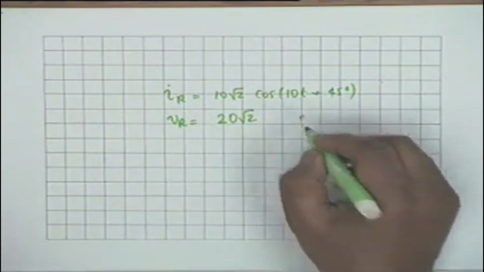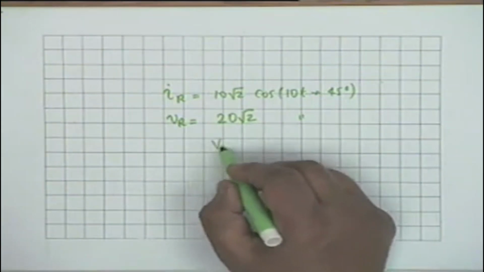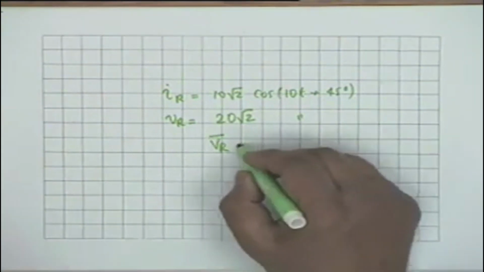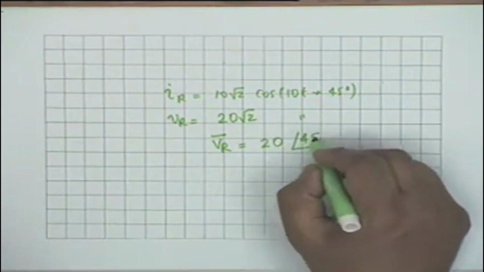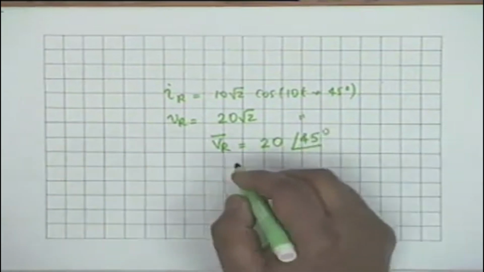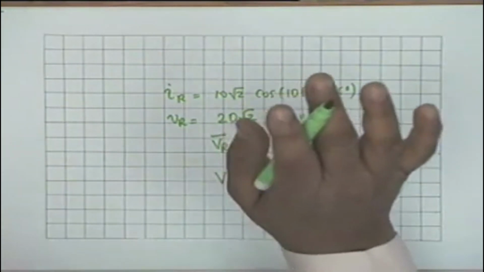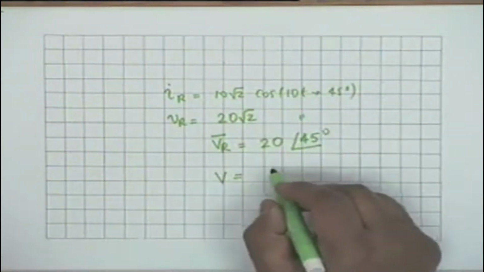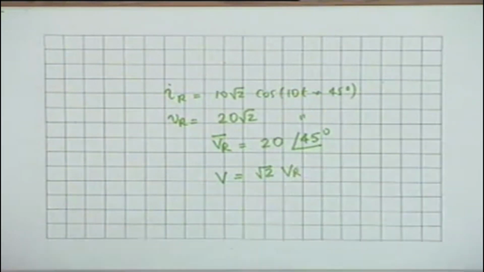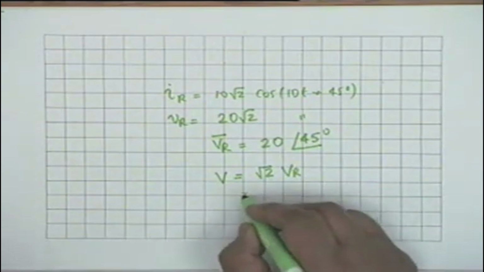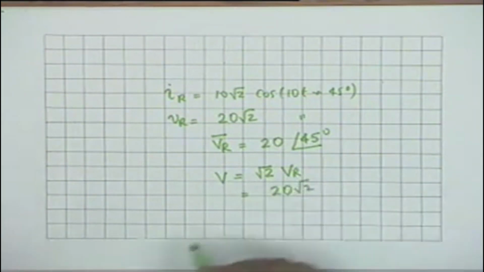And therefore the phasor VR is equal to 20 angle 45. I want to find the phasor V. The magnitude of V is equal to root 2 times VR, which means that the magnitude of V is 20 root 2 and the angle of V is 0 degree.